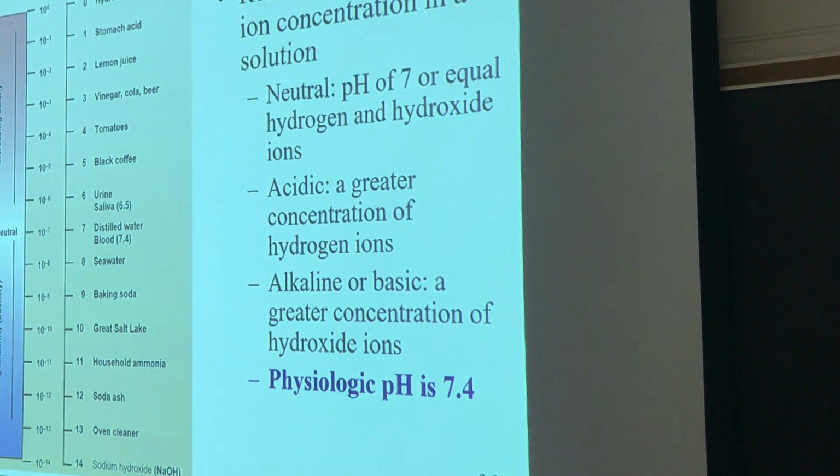Meaning that if my hydrochloric acid or the hydrogen concentration, right here, if the concentration is 0.1 moles versus 0.001 moles, well, obviously 0.1 is bigger than 0.001, right? So if it's bigger, this one should be more acidic. How does it work? Like this.